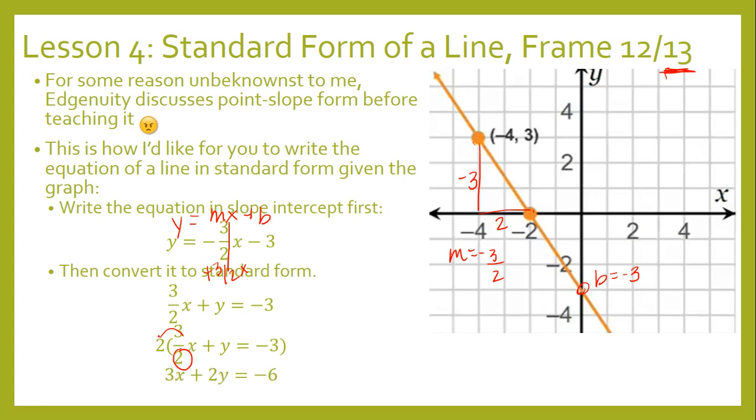So that 2 gets distributed to each of the terms inside the parentheses. And your final answer is down here, 3x plus 2y equals negative 6. So the instructor is going to go through this example and start out with point slope form, but I would rather you start in slope intercept form.